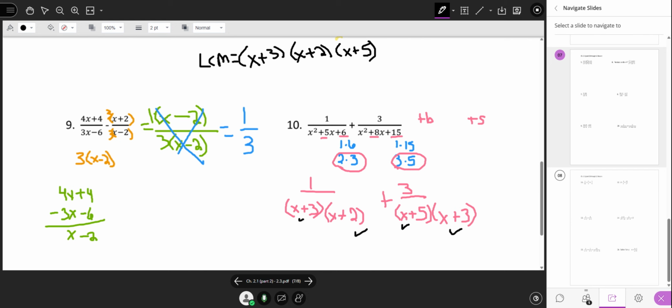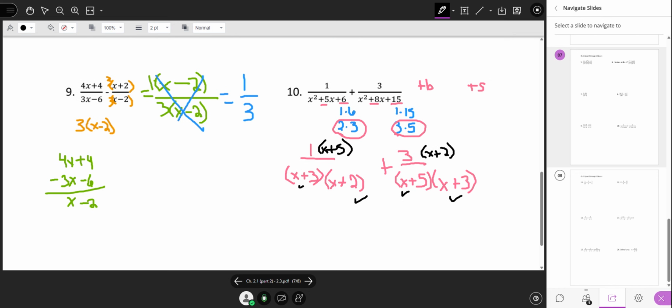So both denominators have to have all 3 of those pieces. Well, that one's missing x plus 5. And this one is missing x plus 2. So, ain't that some nasty stuff?